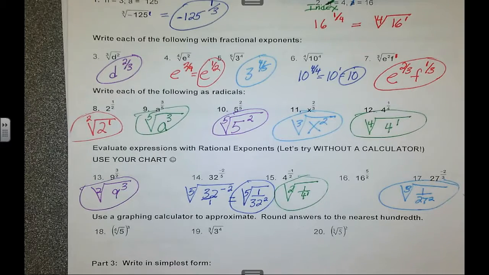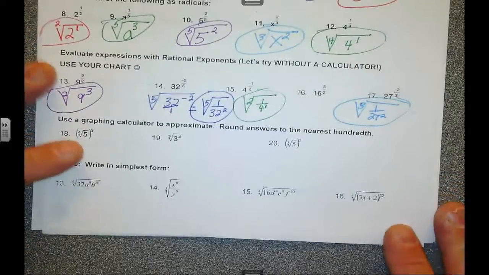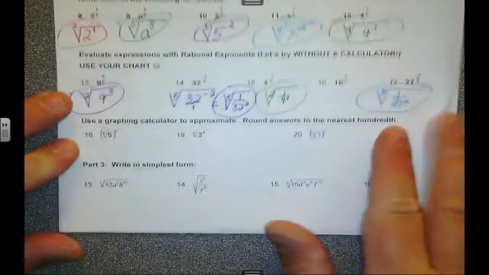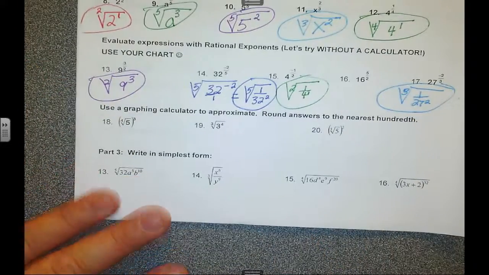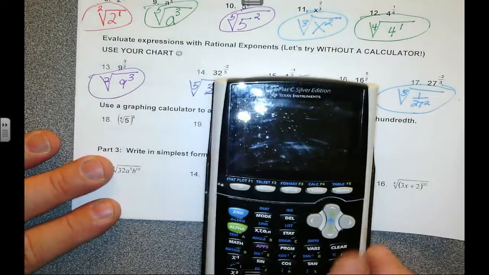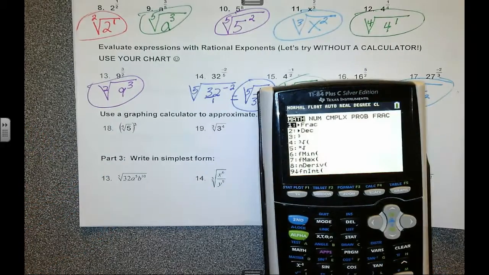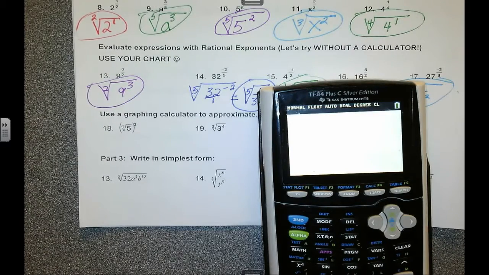Okay. All right. Do you guys know how to approximate? Do you know how to put these in the calculator? Now, when it says to give you an approximation, you have to use your calculators. Now, there is a way to put it in radical form in your calculator.